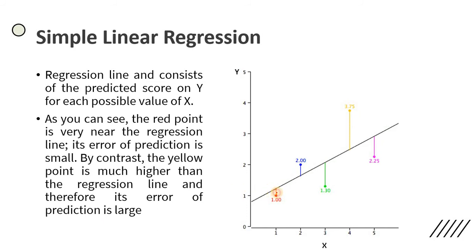Suppose the distance from this line to this point is minimum, so we can say that the error is very small, but the distance from this point to this line is very large, so that is why the error is also large. That is how we can identify the errors in simple linear regression.